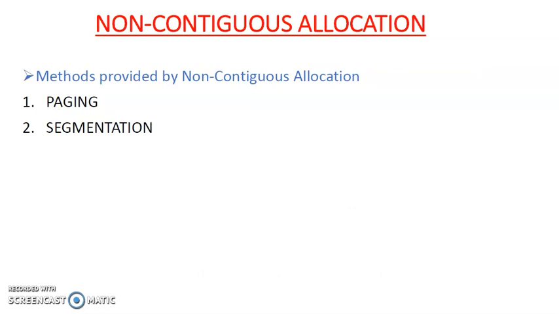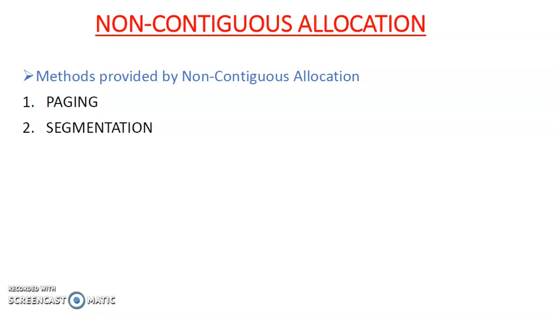Now your next topic is non-contiguous allocation. So what does non-contiguous allocation mean? In contiguous allocation schemes, the problem of fragmentation arises. Non-contiguous allocation provides a better method to solve this problem. What is the disadvantage of contiguous memory allocation?